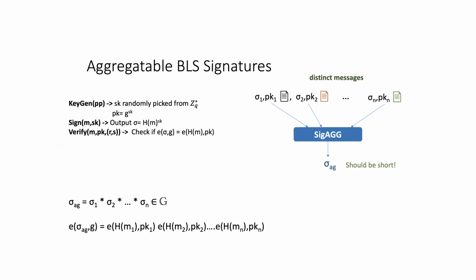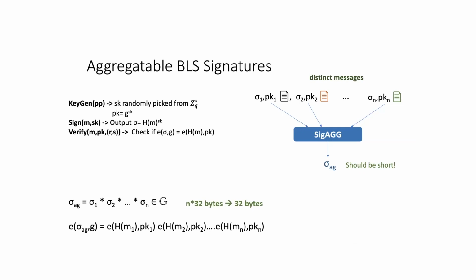Then in order to verify, which in a sense also supports batch verification, you take the pairing of the aggregated signature, and then you multiply the pairings of every single message with the corresponding public key. If you do the math and bring out the exponents here, you're going to see that this actually verifies.